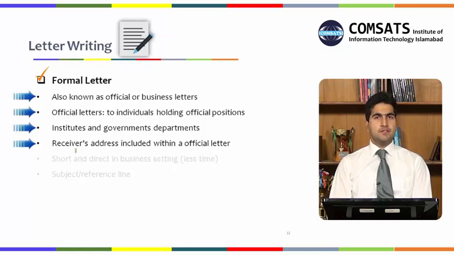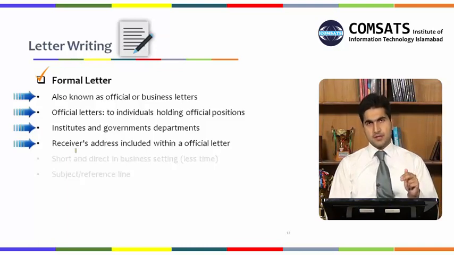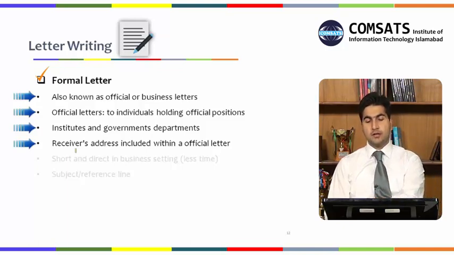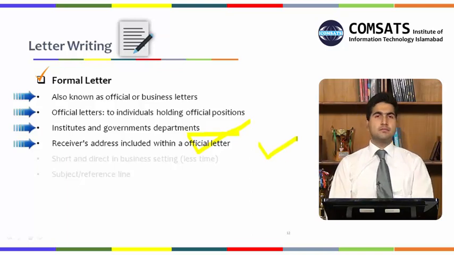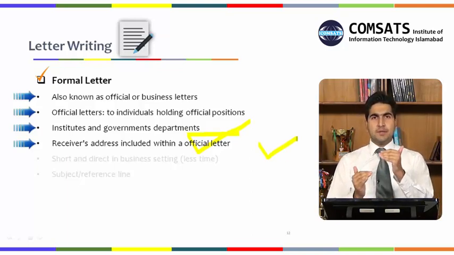But one thing which is added into the formal letter is that the receiver's address, the address of the person who is going to receive it, is also made part of the main document, the letter which is being written. So that becomes part of the written document as well.